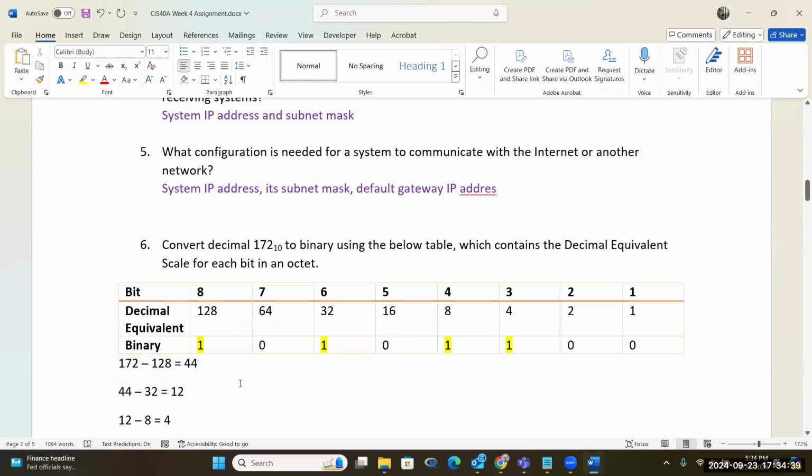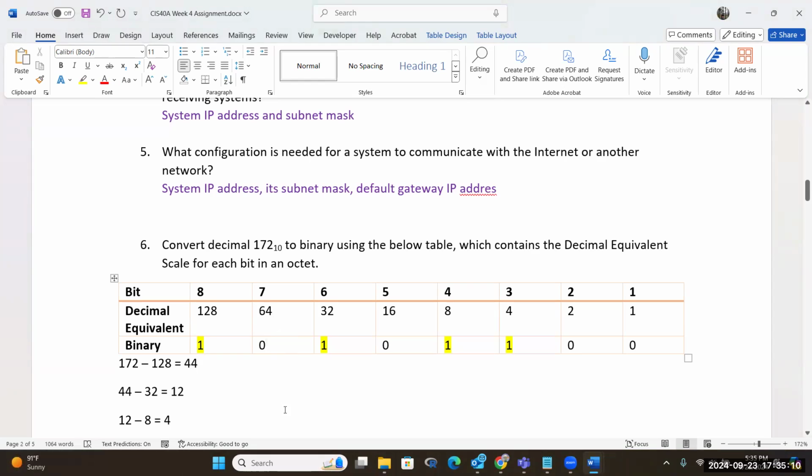Any questions? It's kind of like you have $172. You go down the aisles and ask, what can I buy of value in this aisle? The highest thing you can buy costs $128. Then you're left with $44. Then you go down the aisles again. Well, 44 is less than 64. I cannot afford that, so put a 0.